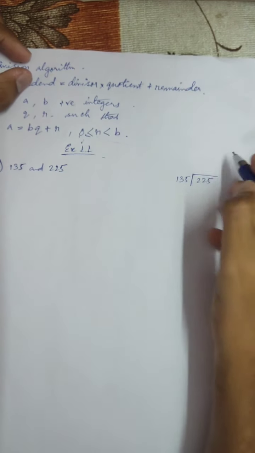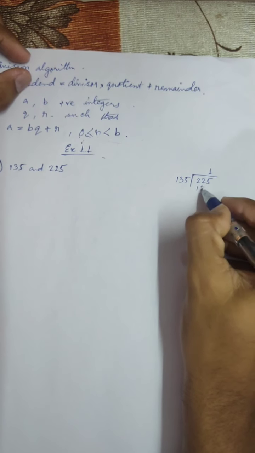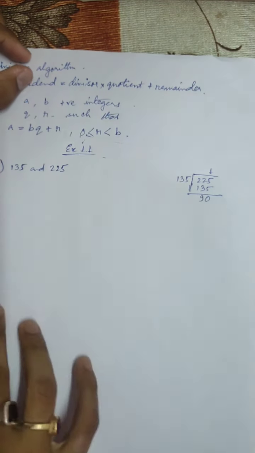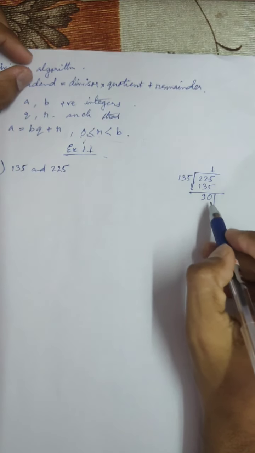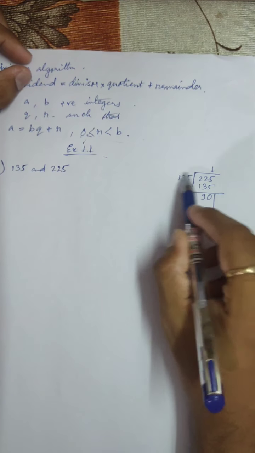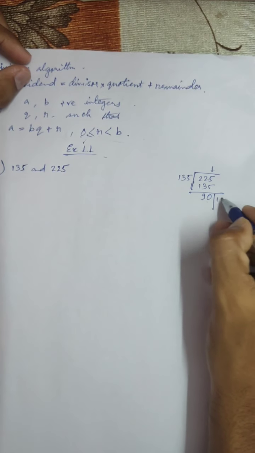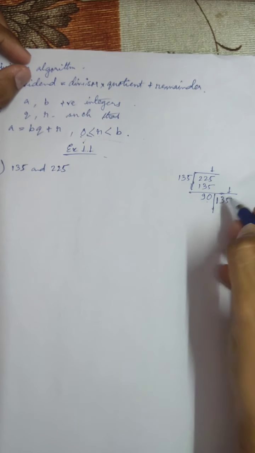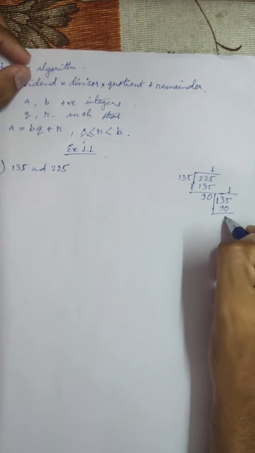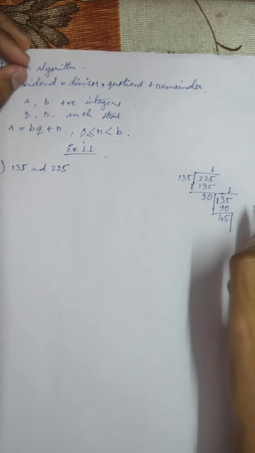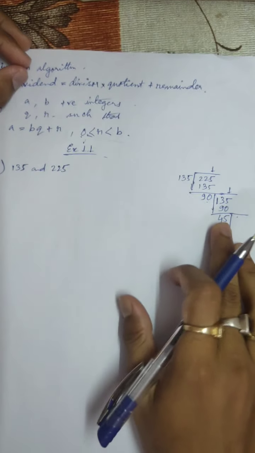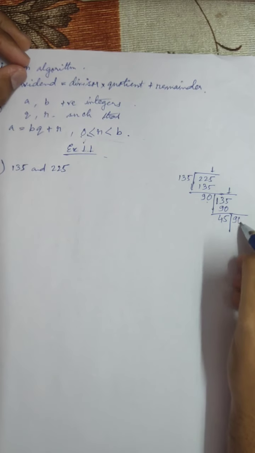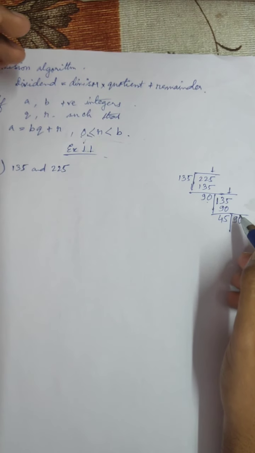225, now divide. Alright, then again divide the previous divisor by this remainder 135. Again by this remainder we have to divide the previous divisor of the step.